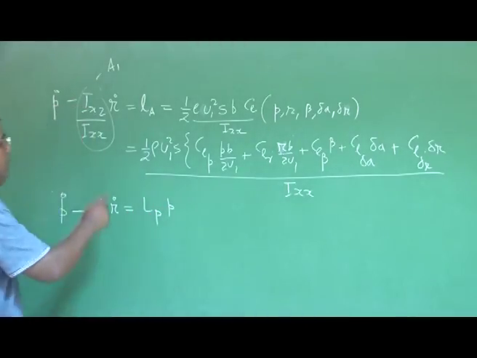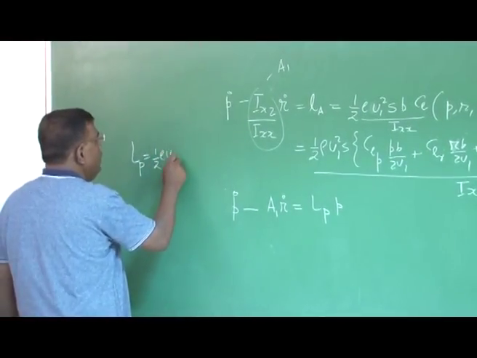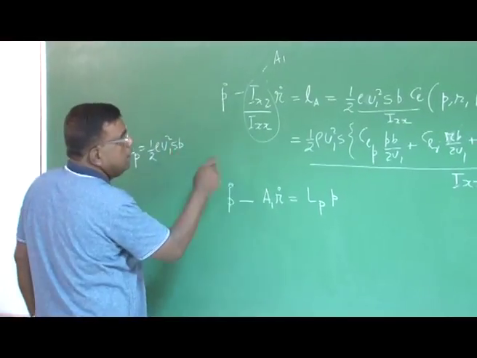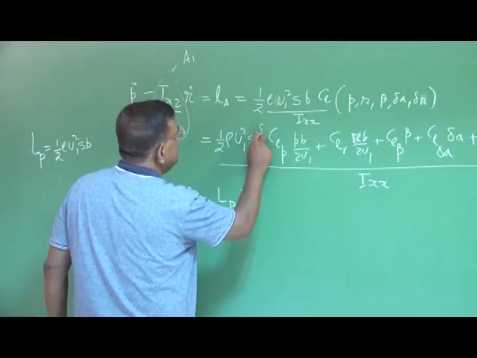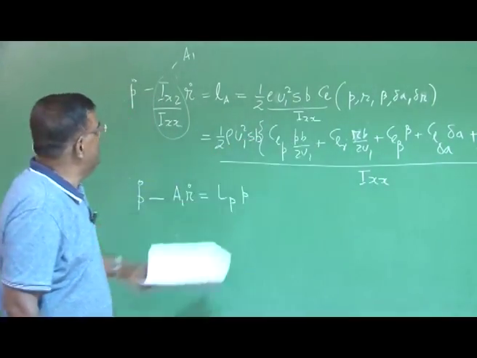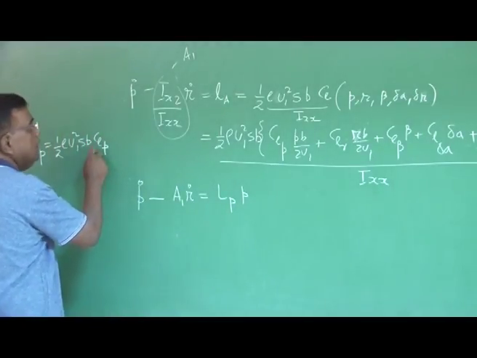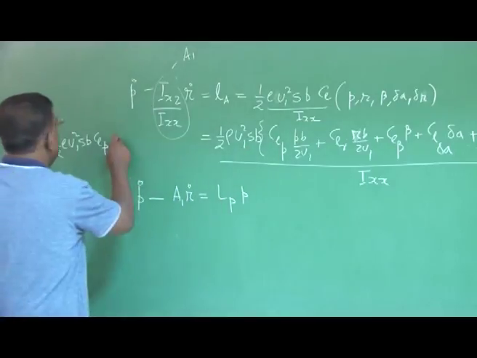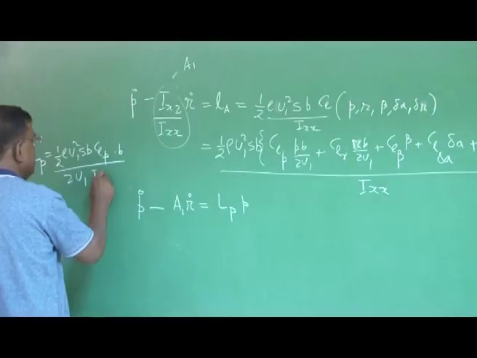So, what is LP? From here you can easily see LP is nothing but half rho U1 square S B. Here B will come, B is missing. This B is here, so this B should be here: half rho U1 square S B into CLP, right, into B by 2 U1 Ixx.